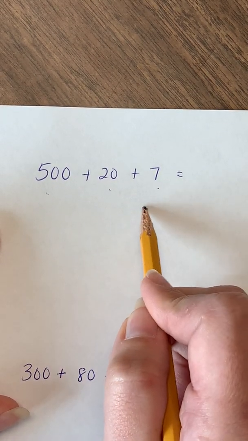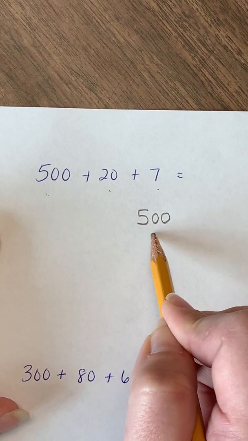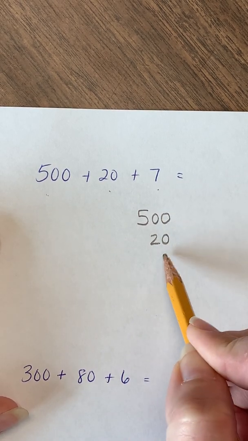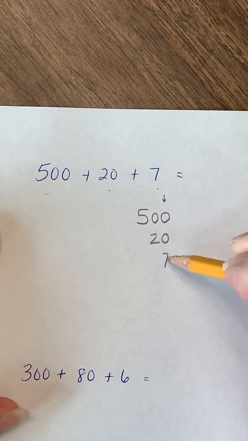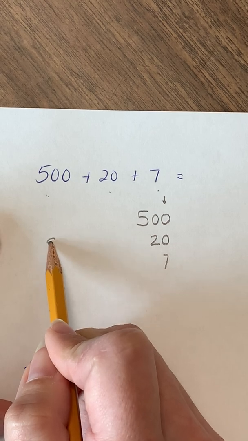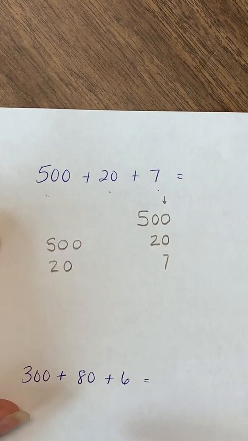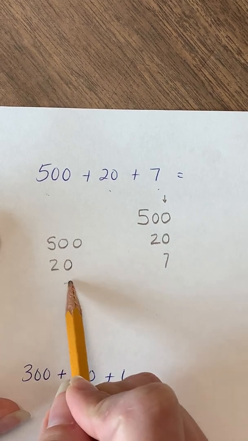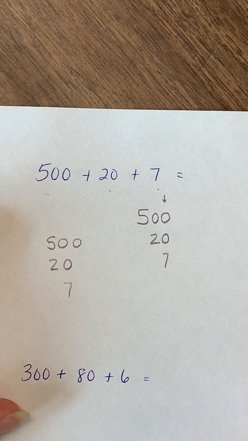We can also line it up. 500, 20, and 7. Make sure your ones always line up. I shouldn't see numbers floating all over. They shouldn't line up like this. Make sure they're always to the right as far as they can go.